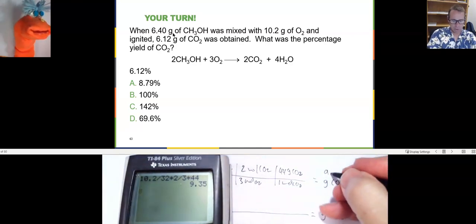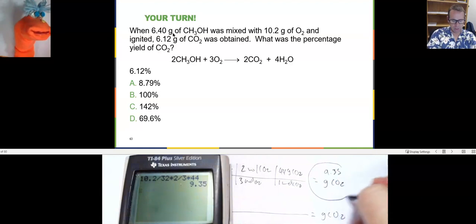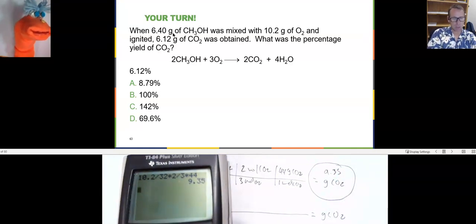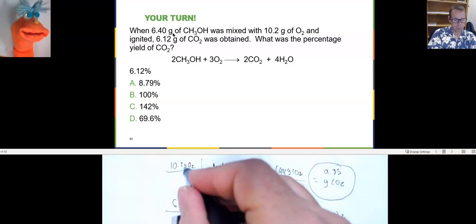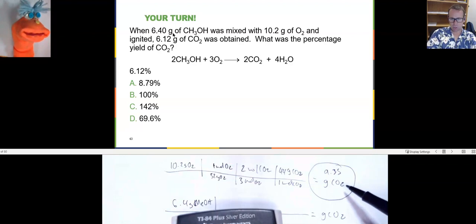So we got 9.35, and that's theoretically how many grams of carbon dioxide we would get if what? If you had that much oxygen. That's right. This is if I had that much oxygen, that's how much carbon dioxide I would get. Nowhere in this calculation does it say, and if I have this much methanol. It's just if I have that much oxygen, that's how much carbon dioxide I'll be able to get.